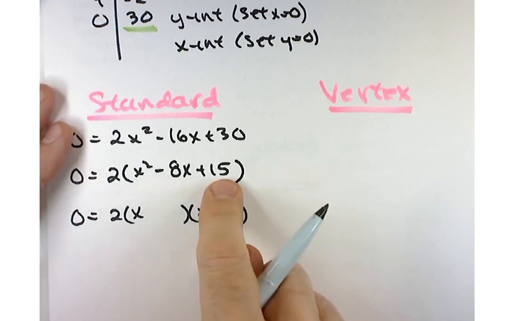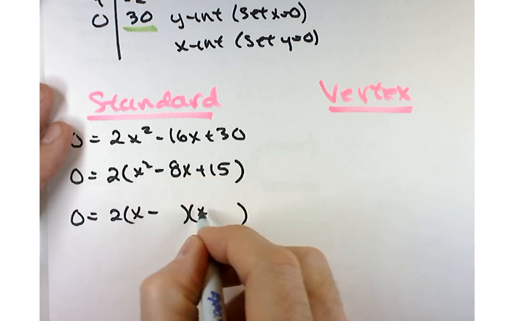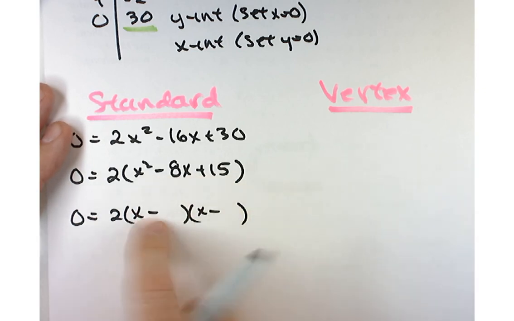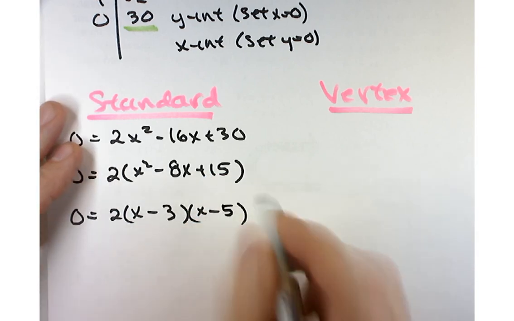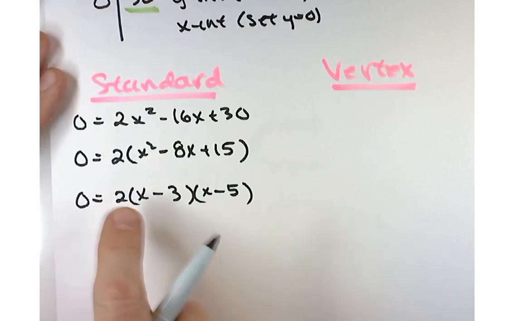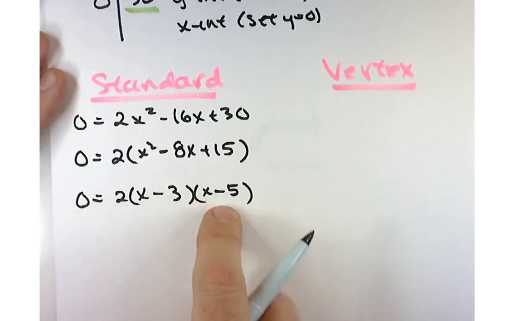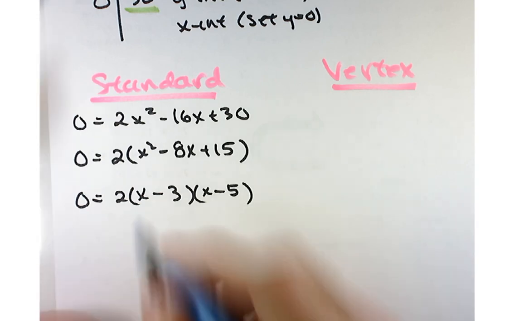So you want two numbers that multiply to positive 15 and add to negative 8. So they both have to be negative, so that a negative times a negative gives you a positive. And then, thank you, 3 and 5. All right. So now you got something times something times something equals 0. One of these somethings has to be 0.